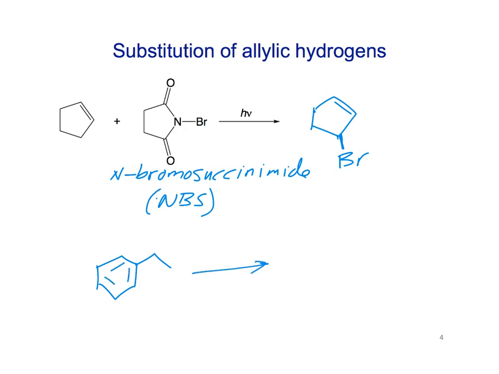So if we just wrote in NBS and H nu, or heat, I think works as well, then the reaction will not happen in the benzene ring, but will happen at the benzylic position. Okay? All right, so let's see how it fits into the different reaction stages that we talked about yesterday.